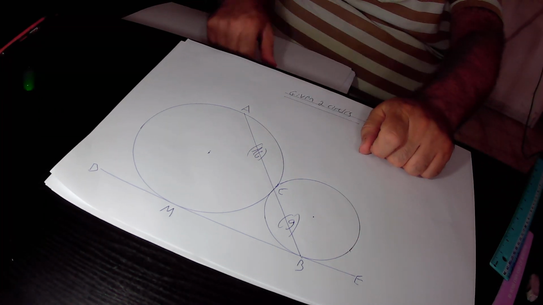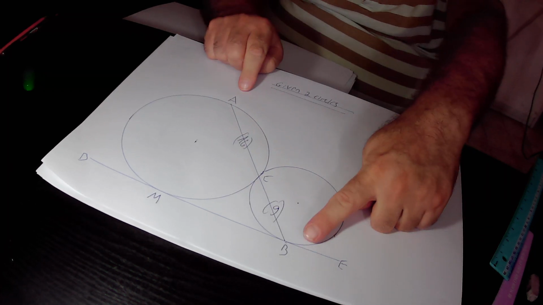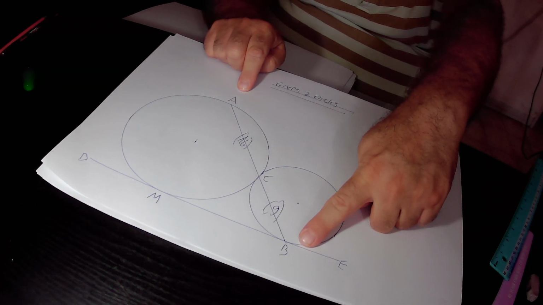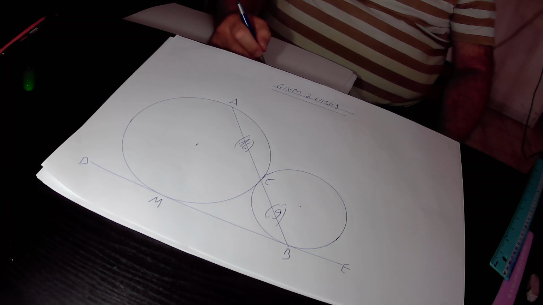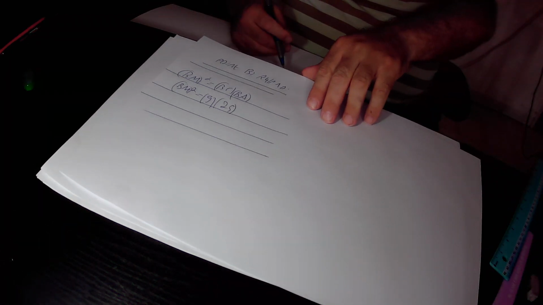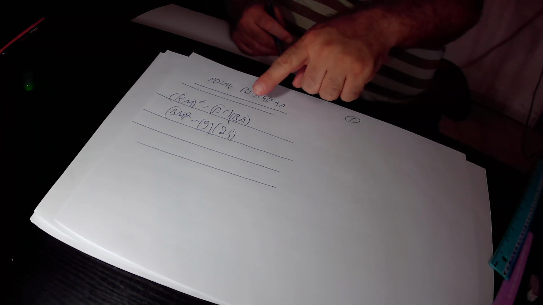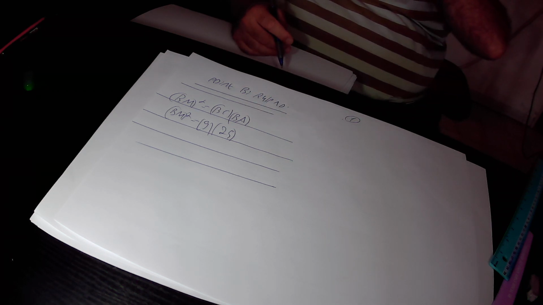BC is 9, times BA. BA in total is 9 plus 16, that is 25. So in total BM square equals 9 times 25.